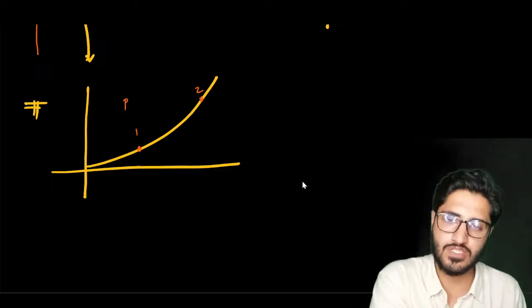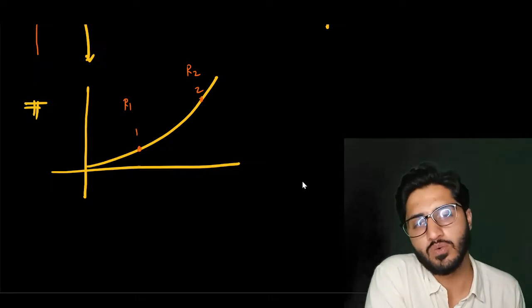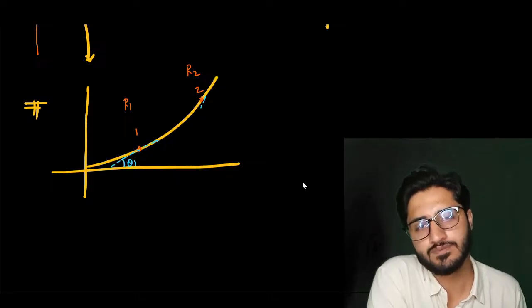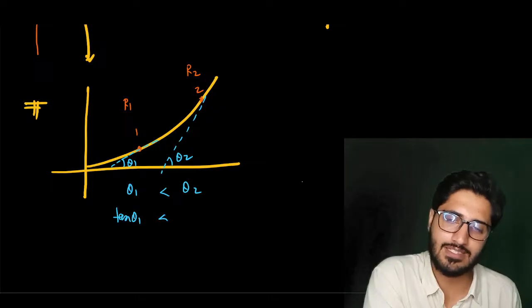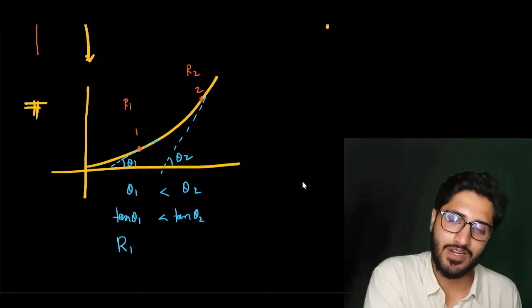The resistance of the first is R1, the second is R2. How to get its value? Make a tangent, theta 1 and theta 2. I guess theta 1 is less than theta 2. So tan theta 1 is less than tan theta 2, so R1 is less than R2.